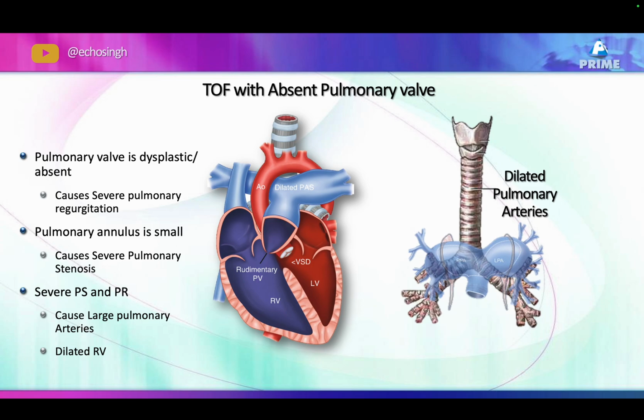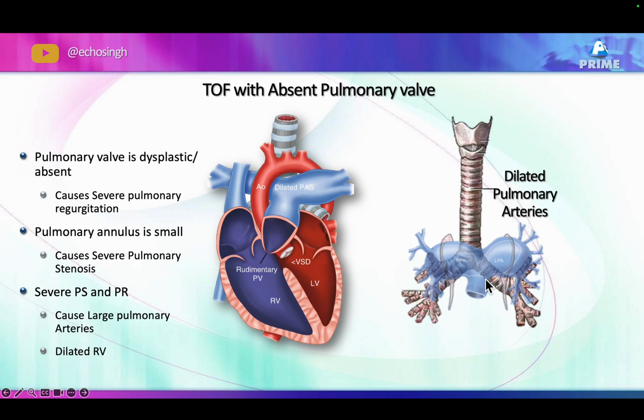Another situation I must mention where the child can have a problem in the early neonatal period is absent pulmonary valve. In absent pulmonary valve there is severe pulmonary regurgitation, but at the narrow pulmonary annulus you have a pulmonary stenosis, apart from other features of tetralogy of Fallot. And what does it lead to?